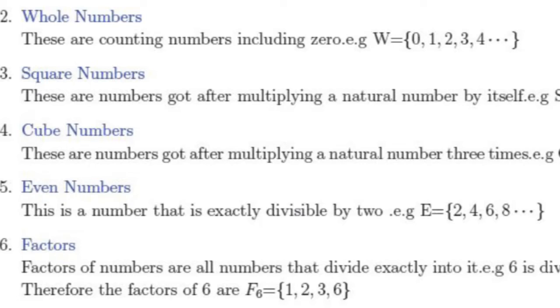What do we mean by exact divisor? The moment you divide a number by 2 and don't get a remainder, that is called an even number. The set of even numbers, you see it there, 2, 4, 6, and it is infinite. It does not end. There are very many.